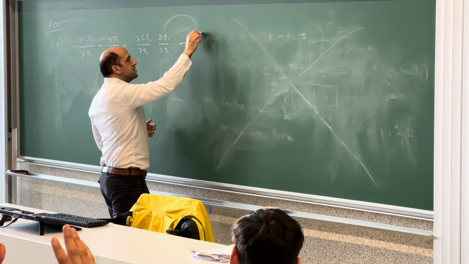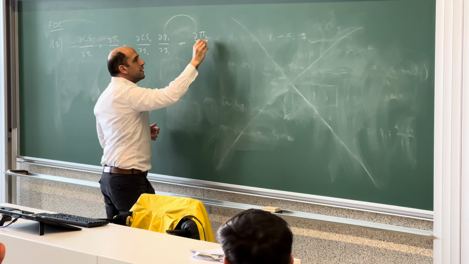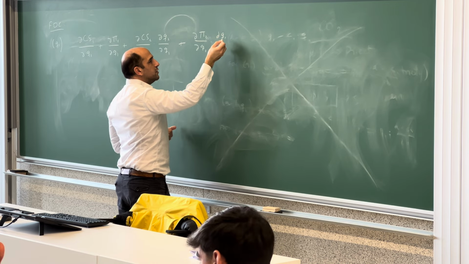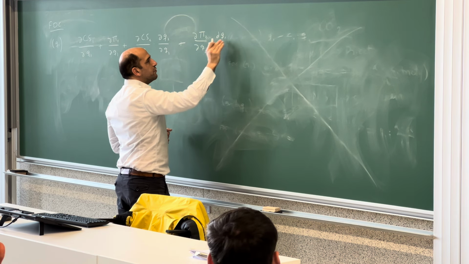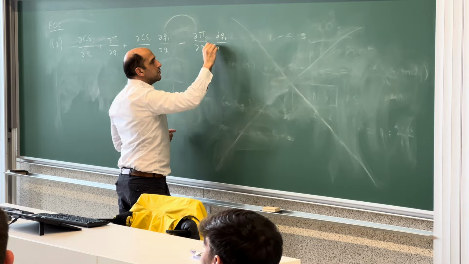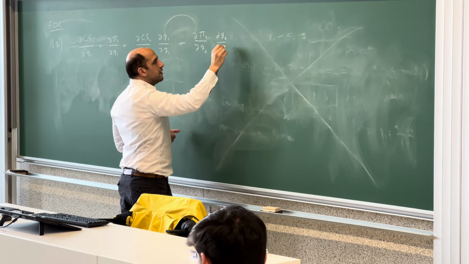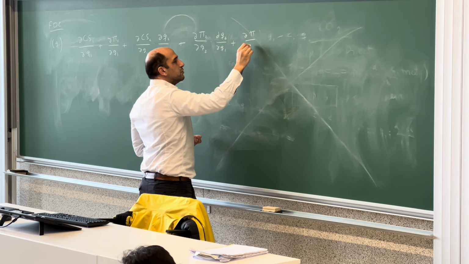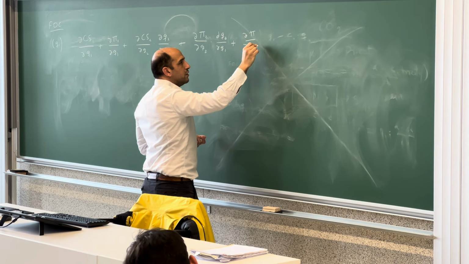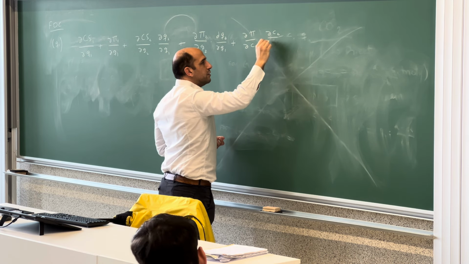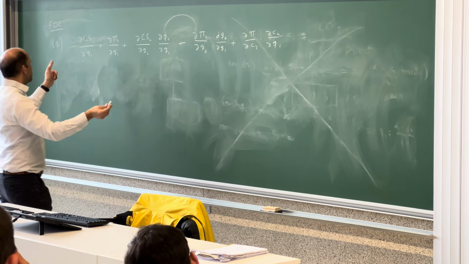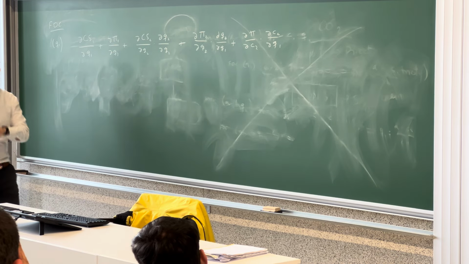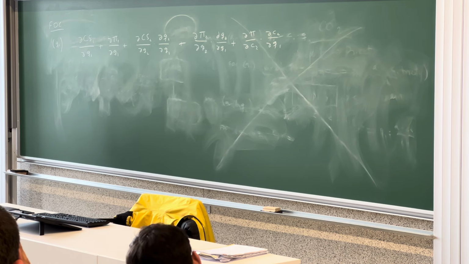Plus the change in profits in period 2 with respect to Q2 times the change in quantity with respect to Q1, plus the change in profits with respect to cost times the change in cost with respect to Q1. So how many moving parts do we have here? 1, 2, 3, 4, 5, 6, 7, 8. Like wheels turning. You see what I mean?